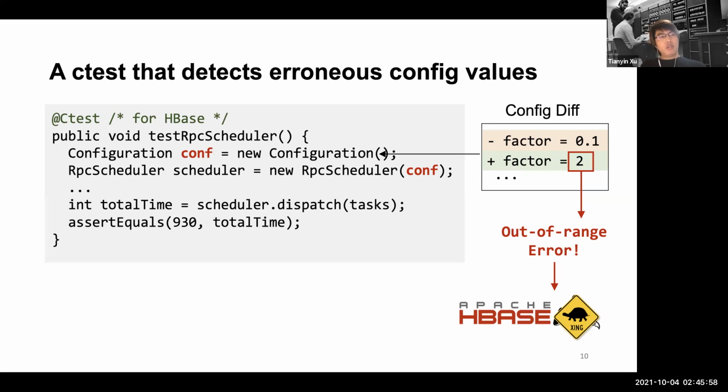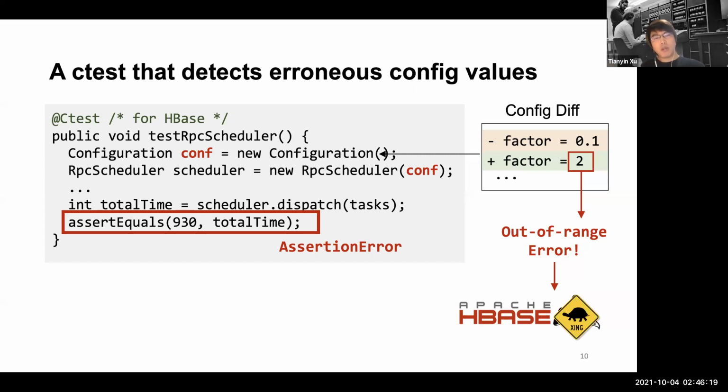And interestingly, this C-test, which is generated from the original test suite, can actually capture this bad config because it has an assertion here, and this assertion encodes an invariant of the scheduling behavior, which basically says that the scheduling behavior should not change even with different factor values.